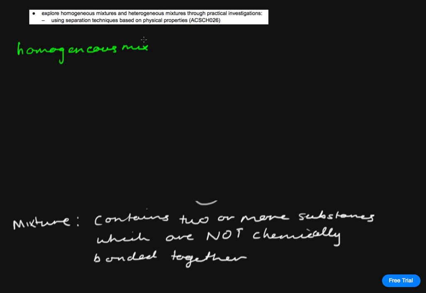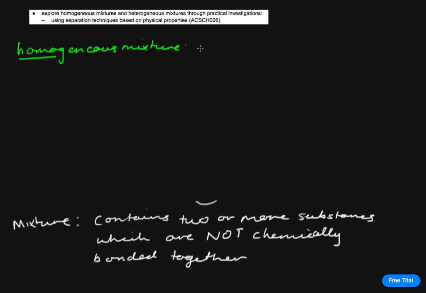Now, homo, this part here, means same. If you can remember one definition with these sort of opposite-meaning definitions, then by default you know what the second definition is. So a homogeneous mixture, if homo means same, is a mixture that looks the same all the way through.